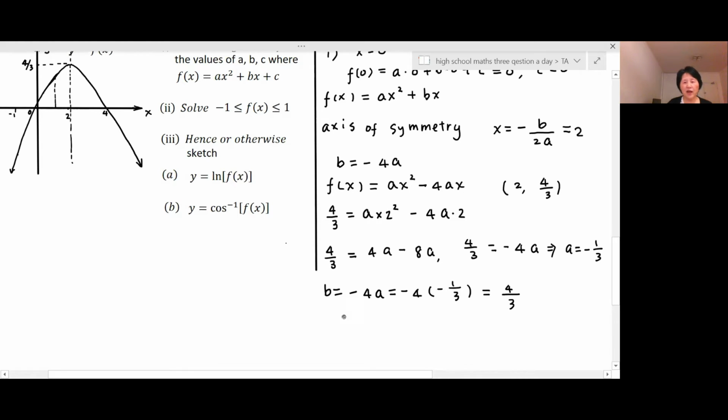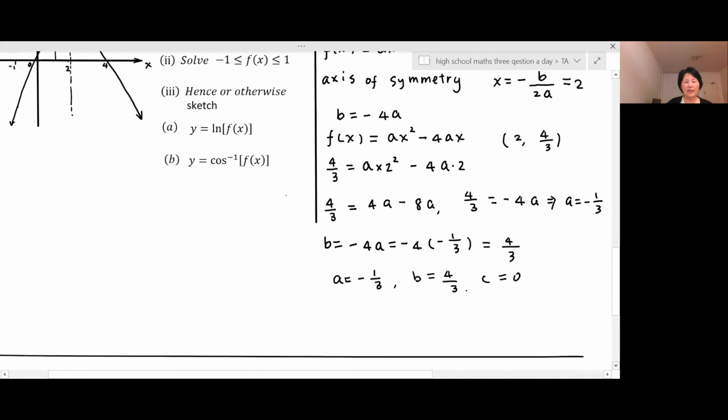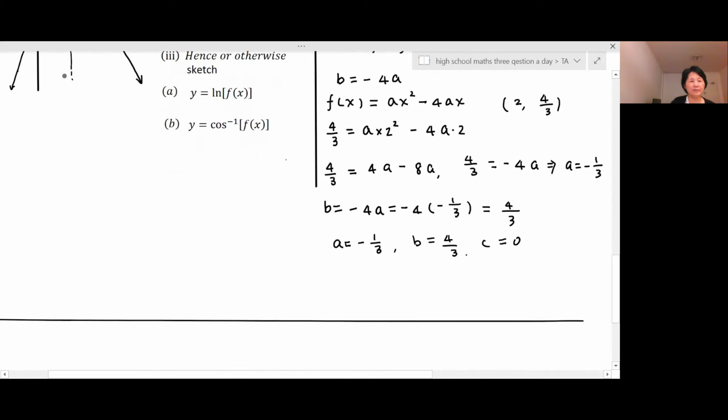So we already found that a equals minus 1 on 3, b equals 4 on 3, and c is equal to 0. Okay, so now I just write f(x) again.